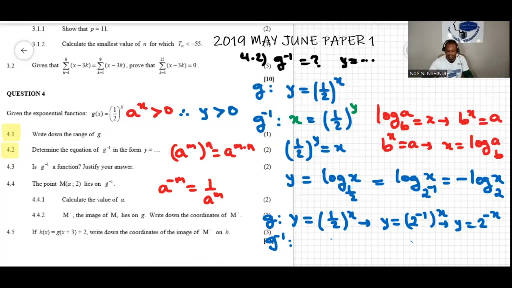We are here: y equals 2 to the negative x. To work out the inverse, we say x equals 2 to the negative y. So this is the inverse.